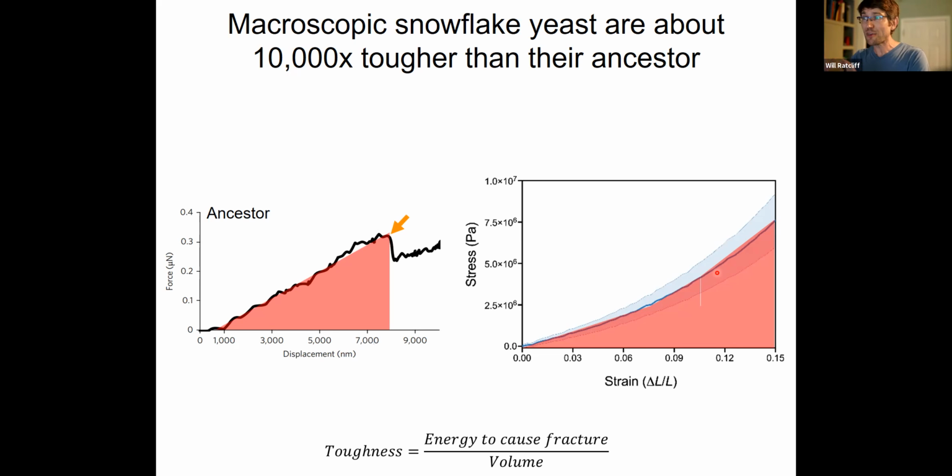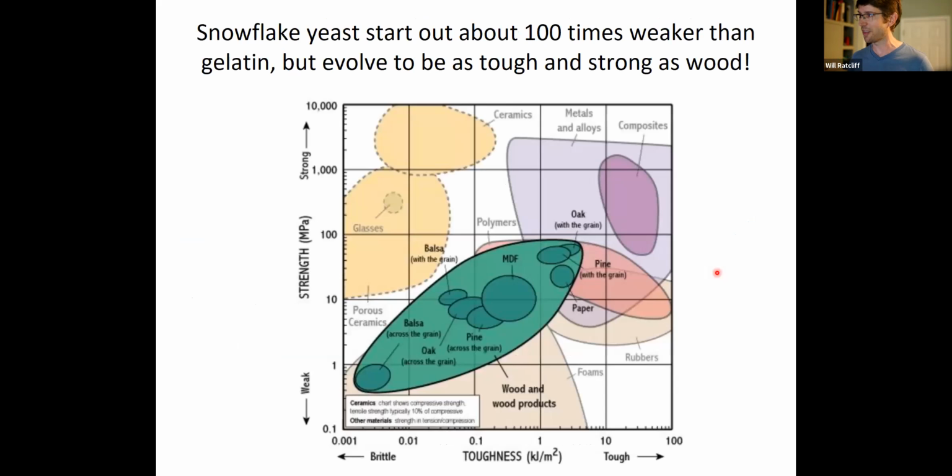It's just that a 2x4 is bigger, so it's stronger. Toughness normalizes out that change in volume. And even though we've normalized out the change in volume, the macroscopic snowflake yeast are 10,000 times tougher than their ancestor. And if you put this on a toughness strength materials plot, we go from something which was in the ancestor a very, very weak material, where if you break one cellular bond, you break the group, right?